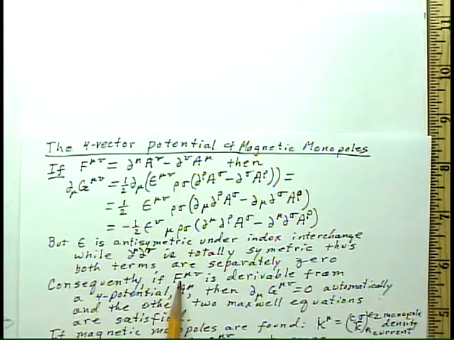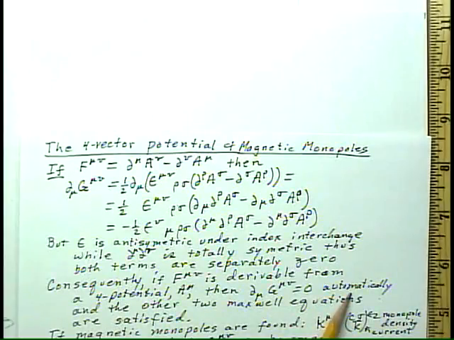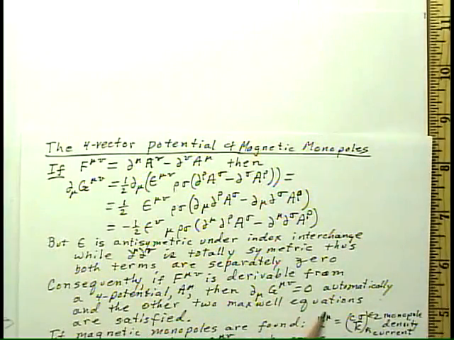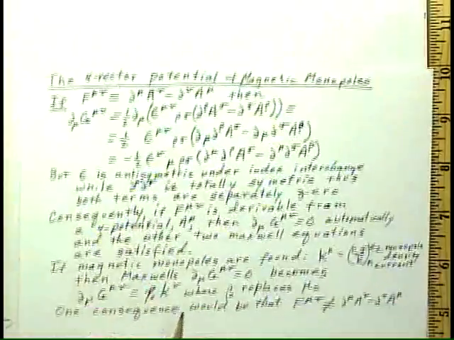Consequently, we can make the following far-ranging statement. If the electromagnetic field tensor F mu nu is derivable from a 4-potential A mu, then it follows that the partial mu of G mu nu is equal to 0 automatically. And the other of the two Maxwell's equations is satisfied.